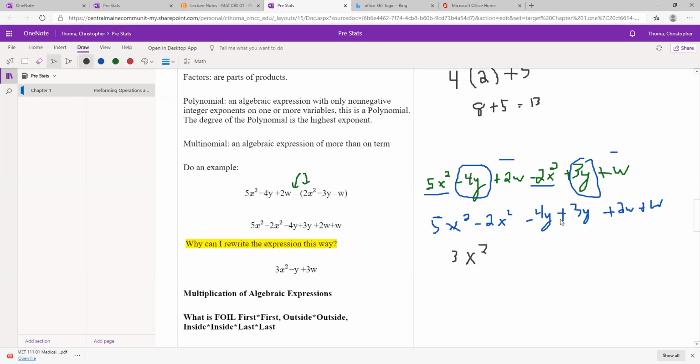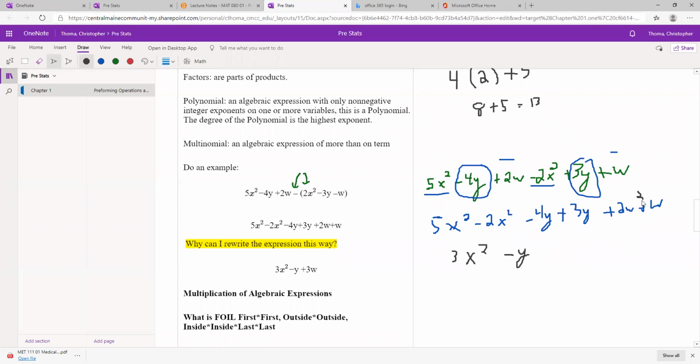My y's, negative 4 plus 3. Remember, when the signs are different and we're adding, we basically subtract. So 4 minus 3 is 1. And then I keep the sign of the bigger number, so this becomes a negative 1y. However, we don't need to write the 1 there, so it just becomes negative y. And then 2w plus, that's supposed to be a 3.